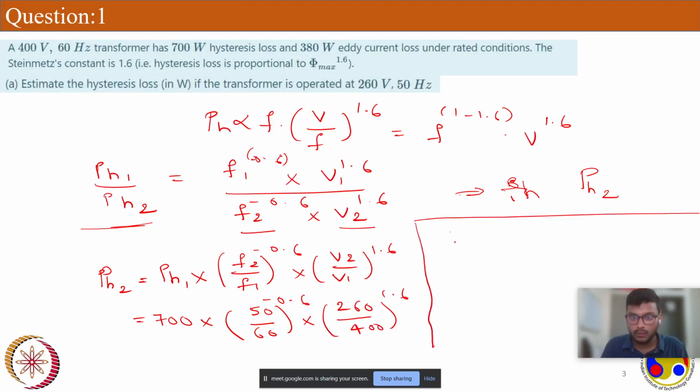Now PH2 is equal to 700 into, how much did I get? 1.115 multiplied by this, something, 260 by 400. 0.501.